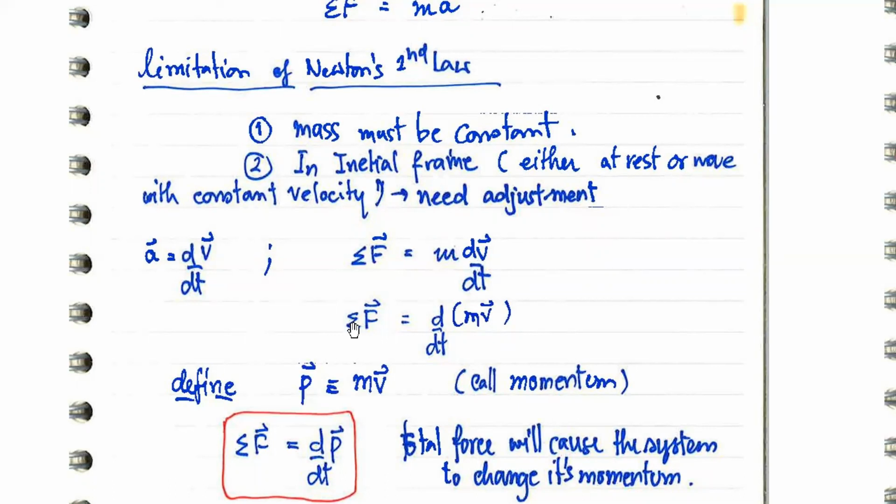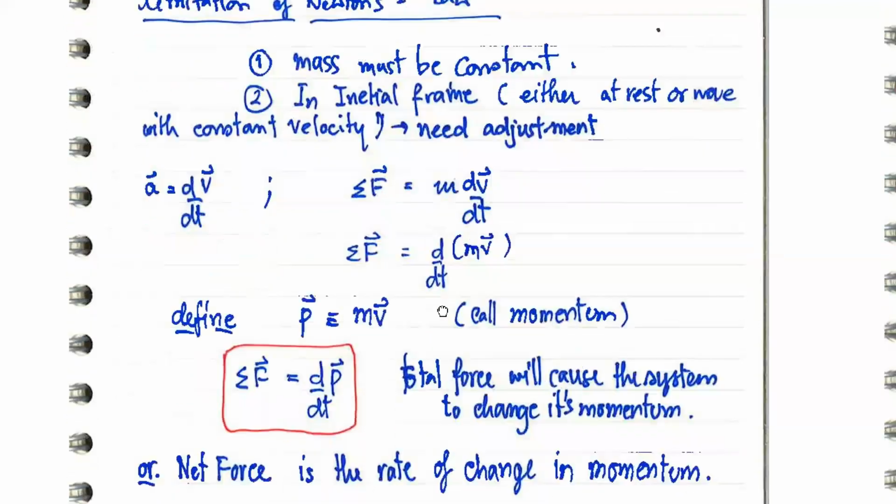So we have the summation of F is d by dt of m times v. And you see that this is the rate of change over time of something. This is what it's supposed to be. It doesn't have any constant in front.